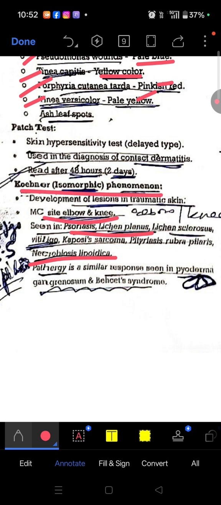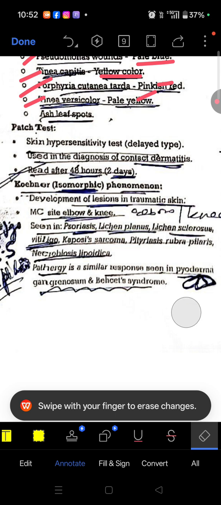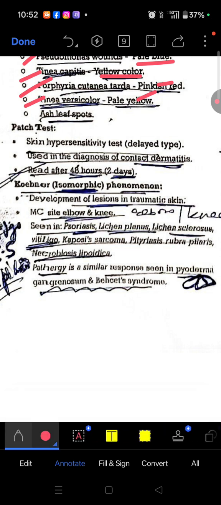Okay, and it is seen where, what is the site? Which site is the most common site? Elbow and knee. Okay, and development of lesion in the traumatic skin. What is Koebner's phenomenon? Development of lesions in traumatic skin. Now pathergy is a similar response seen in pyoderma gangrenosum and Behçet syndrome.